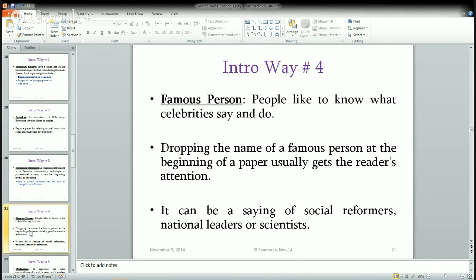We must arise and awake and then start to work. So I can introduce famous personalities in various ways. I can start with their quotations, or I can just start with their name and say that they had a major role in this. You can start with sayings of major scientists, national leaders, social reformers.